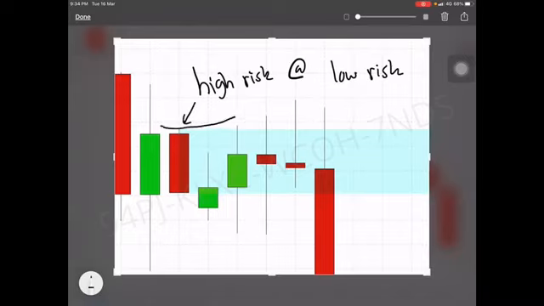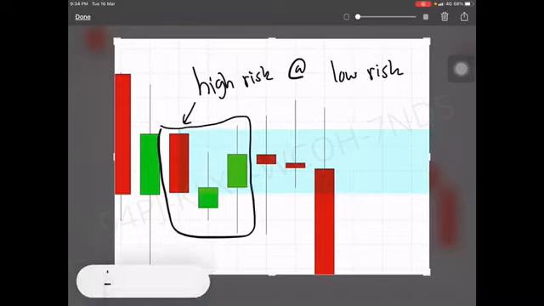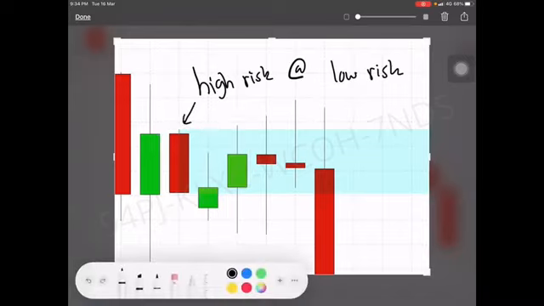Look at this. Is it a high risk or a low risk marking? High risk. Why is it high risk? Because the trend is going up. Nope, this is actually a low risk.